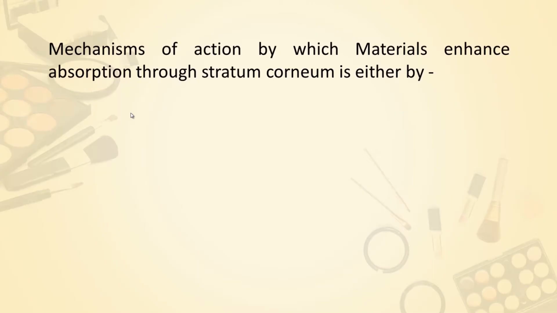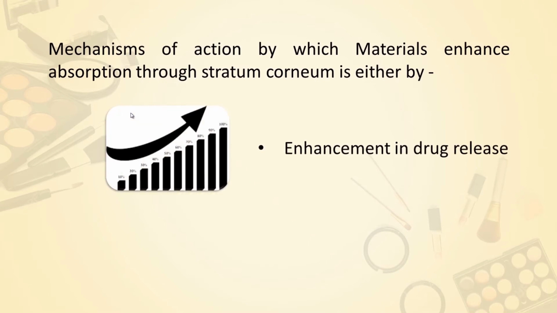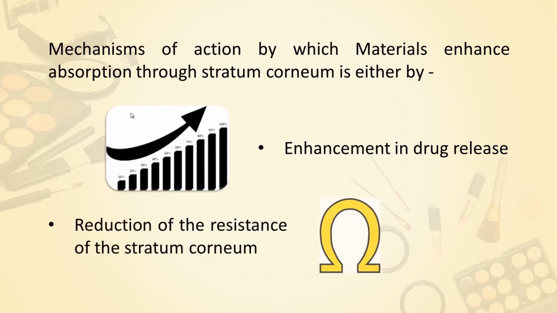Now, what are the mechanisms by which a material enhances absorption through the stratum corneum? It can be enhanced by enhancing the drug release from the formulation to the skin, and the second way is reduction of the resistance of the stratum corneum by altering it by chemical or physical means.